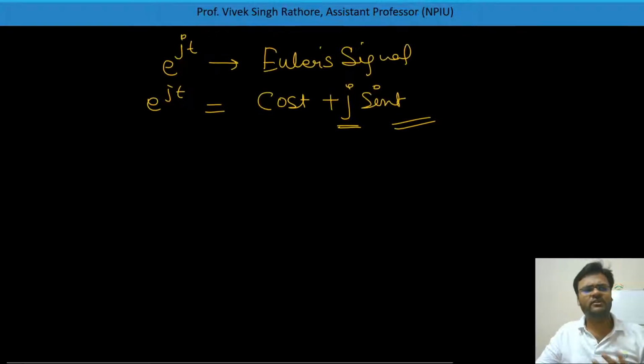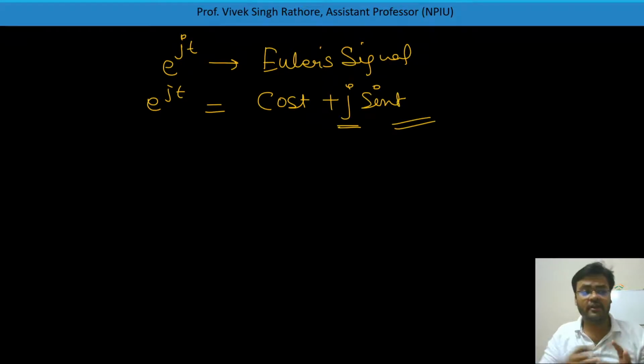The amount of analysis required for reaching the outcome is greatly reduced when we put the j part in it. The most common imaginary signal is the Euler signal.